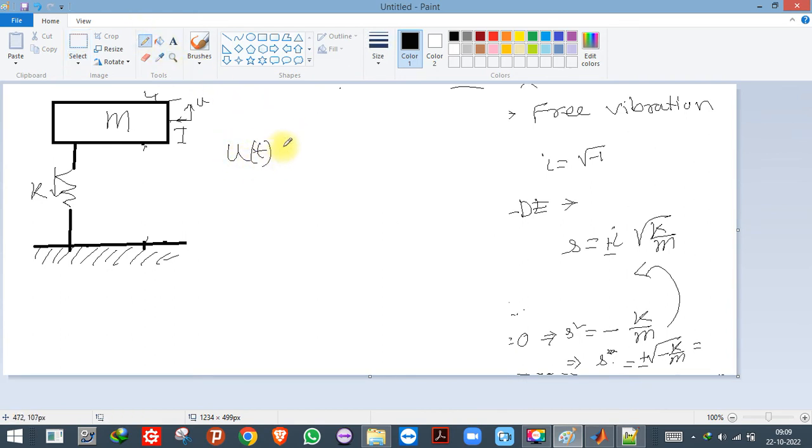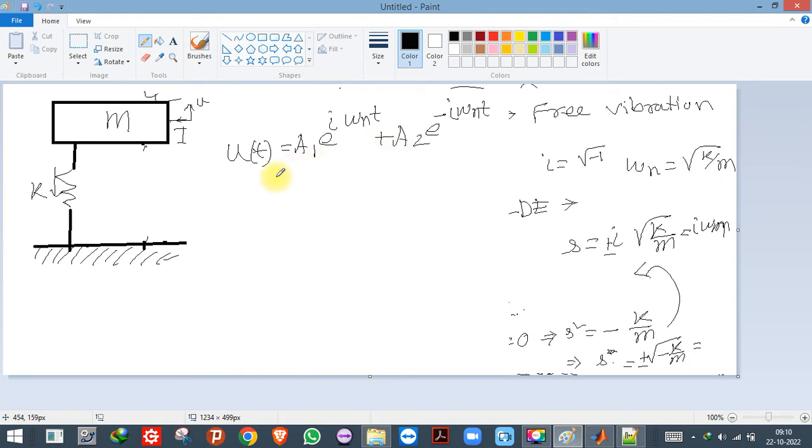Initially we assumed u of t equal to e to the power st, so the solution that we have got is a1 e to the power i omega n t plus a2 e to the power minus i omega n t. Now why omega n? Because square root of k upon m we write as omega n, omega n equal to square root of k by m.